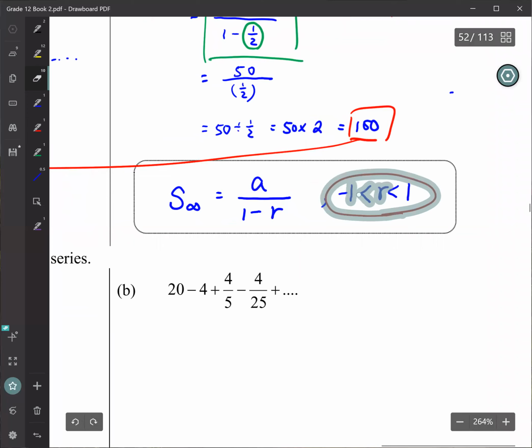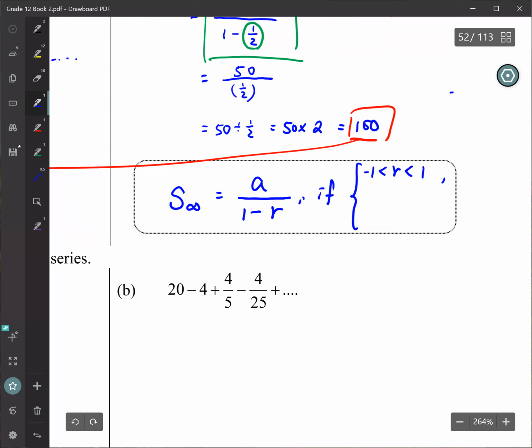Let's erase this. Okay, so if r is between -1 and 1, the sum exists.